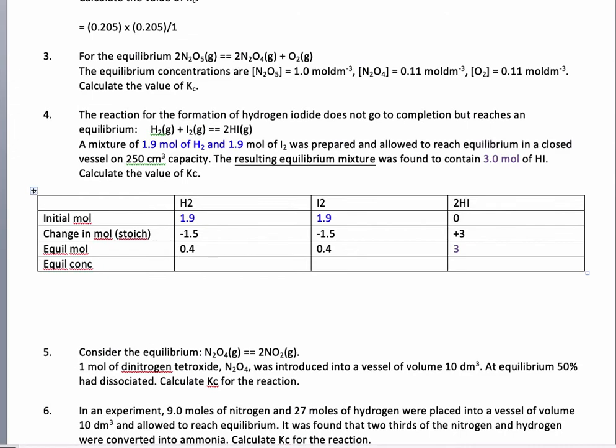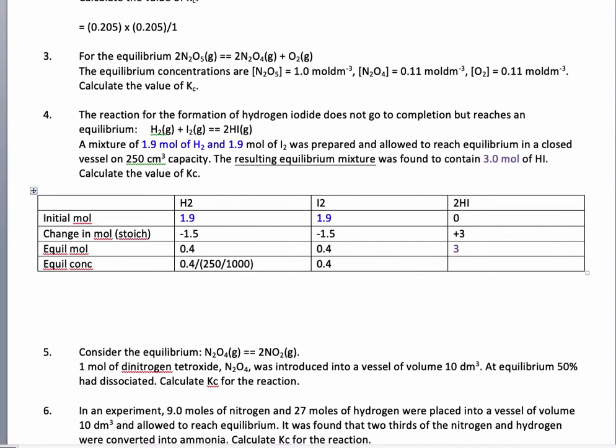And then because these are moles, we can't always put them into our expression for Kc. So the equilibrium concentration is your moles that you have over the volume, remembering to convert the volume to decimetres cubed. Okay, and they have told you the volume in the question.